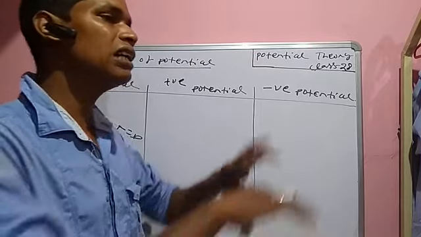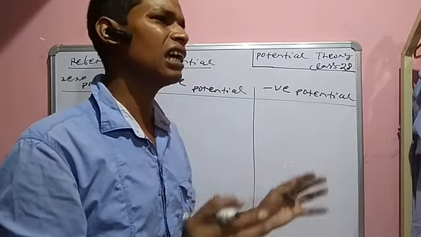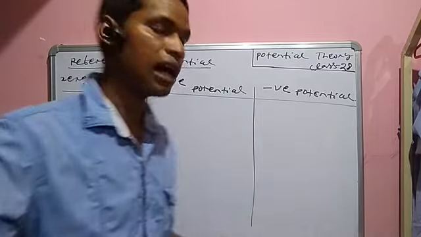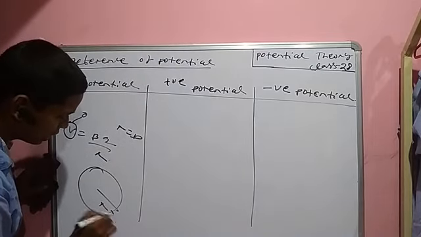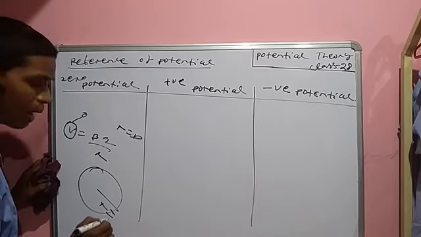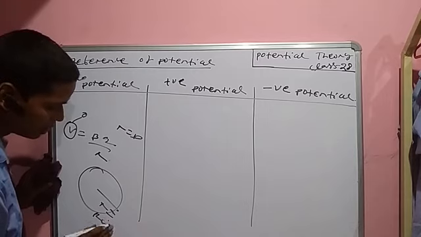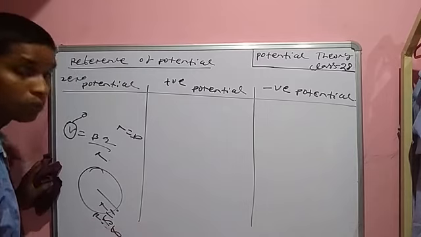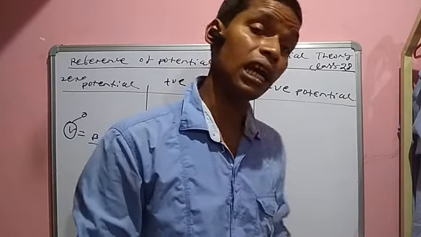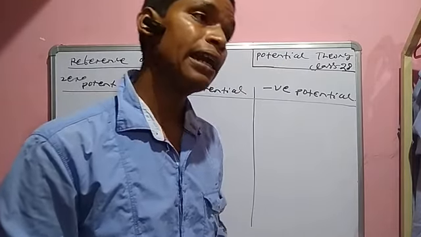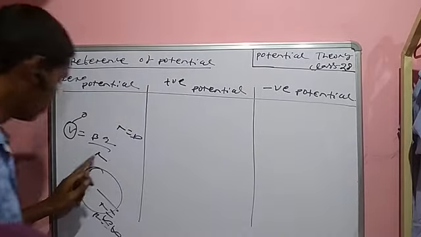Earth is a very large sphere, and its radius is very large. We take Earth as nearly infinite, so the potential at the Earth is always zero, because R is infinite.